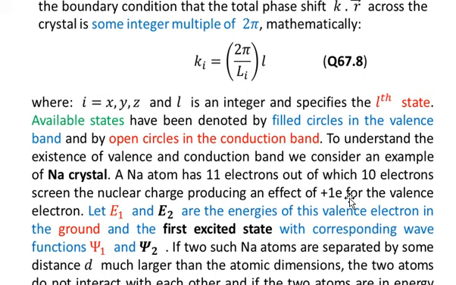So you see that the nucleus has a charge equal to the number of electrons around it. Since there are 11 electrons, the nucleus will have a charge of +11e. But the 10 electrons around the nucleus will screen out the nuclear charge, and the nuclear charge will appear to be +1e to the outermost electron, or we can say to the valence electron.